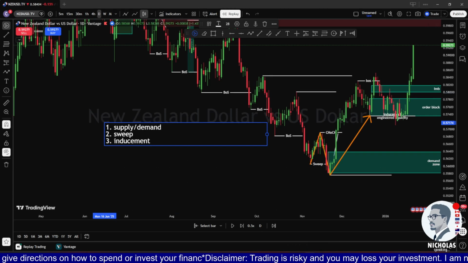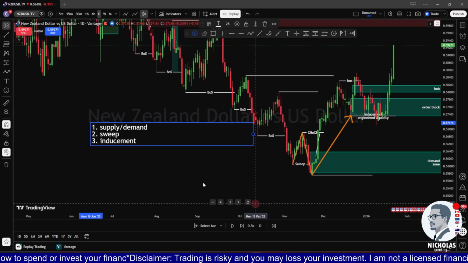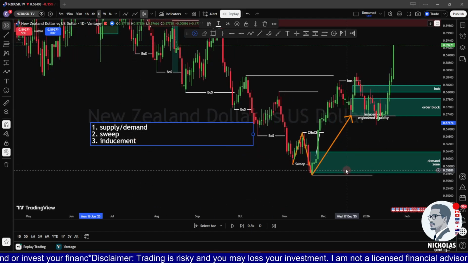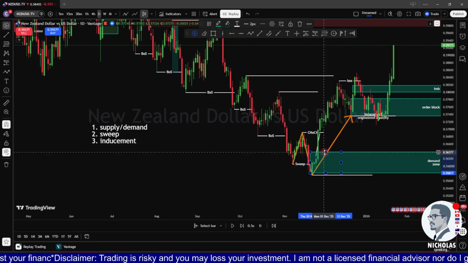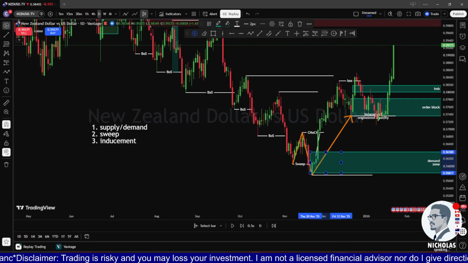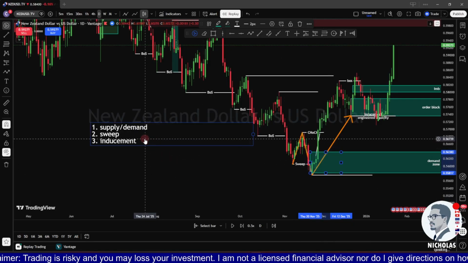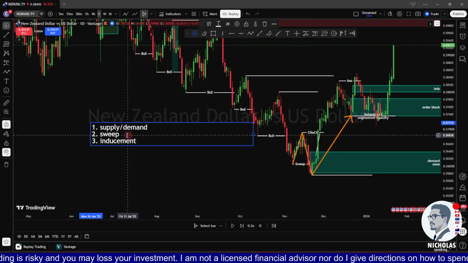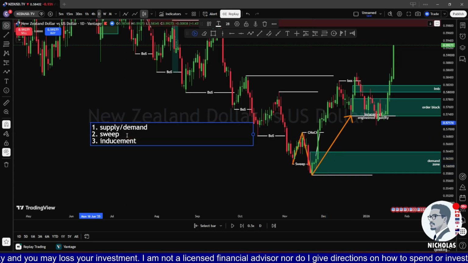You can see how the grading score becomes much better over time. Now, when you have all of this, it suddenly makes that zone even higher probability. It led to a stop hunt, it led to liquidity raids by breaking structure. So a sweep that led to stop hunts.